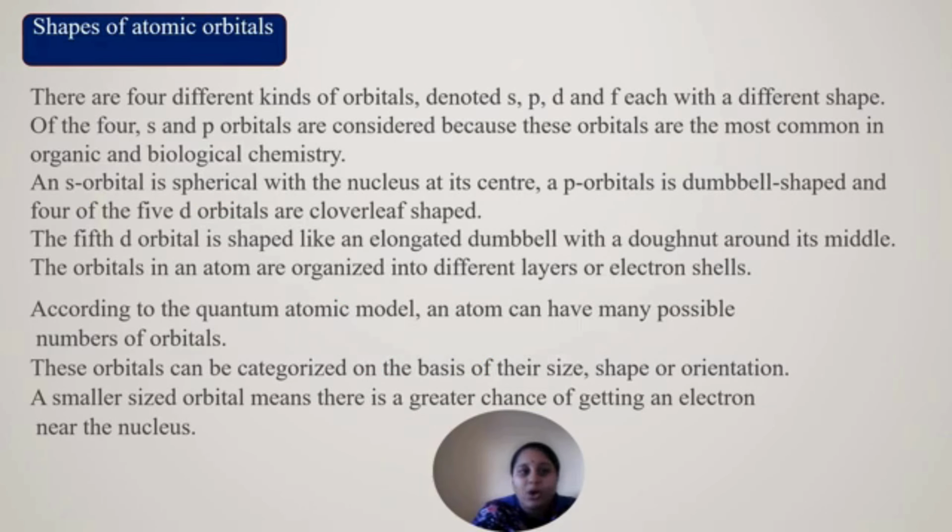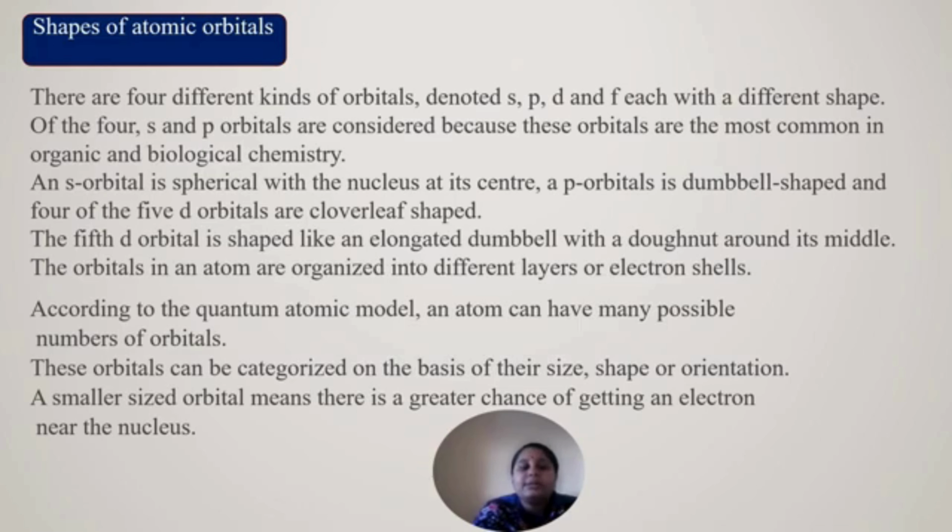Shapes of the atomic orbitals. There are 4 different primary orbitals, s, p, d and f, with different shapes. Out of the 4, s and p are the most considered because they are the most common in organic and biological chemistry. s is spherical in shape with the nucleus at the center. p is dumbbell shaped, and d is a double dumbbell shape, a clover leaf shape.